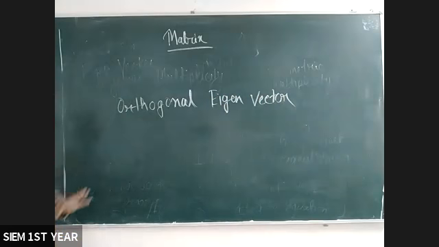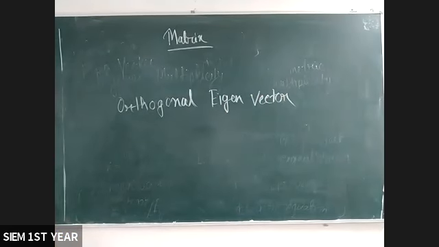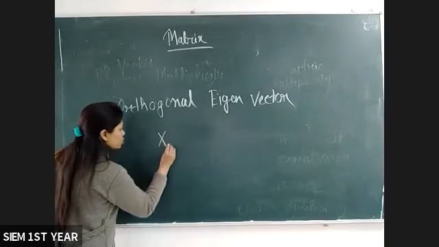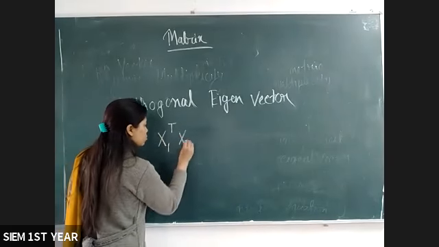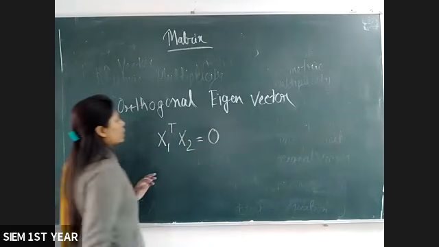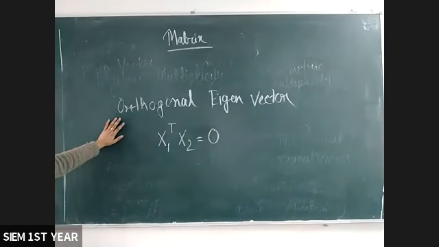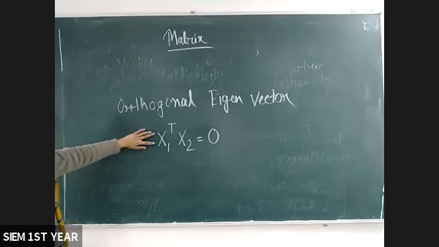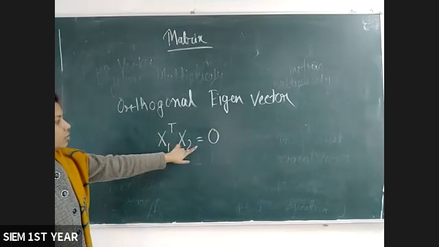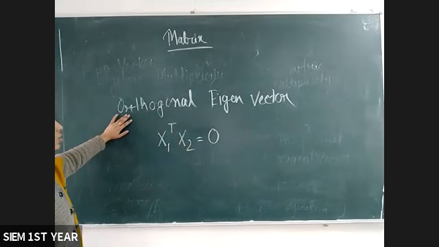As you already know what an eigenvector is, if any two eigenvectors x1 and x2 satisfy the equation x1 transpose x2 equals zero, then it is called an orthogonal eigenvector.